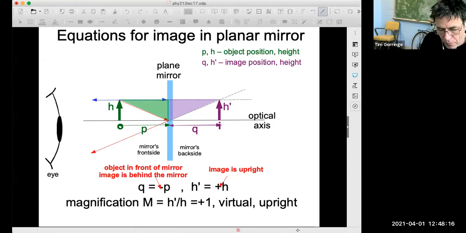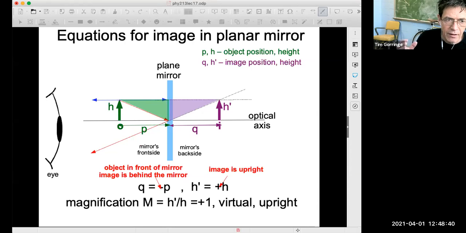Now, you might have noticed some interesting features about that image. You might have spotted that it looked the same size as the object, and you're right. You might have spotted also that it looked like it was the same distance behind the mirror as the object was in front of the mirror. You're right about that too.